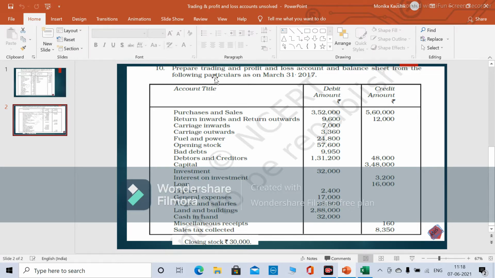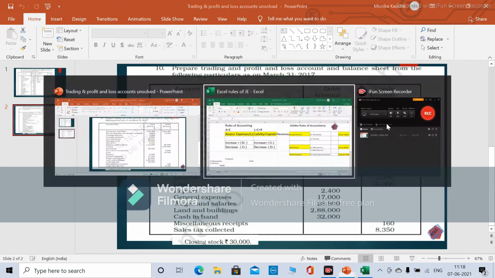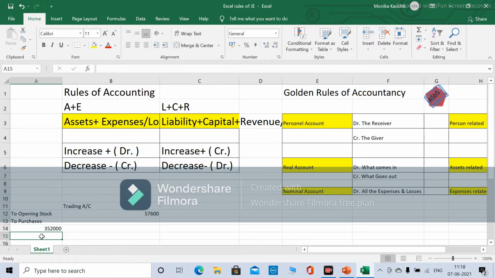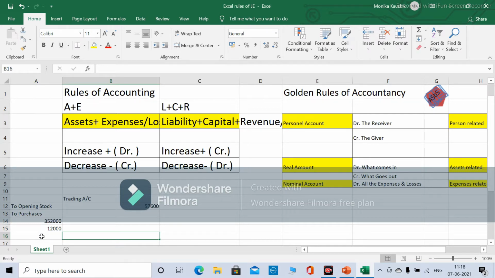If purchases are debit, then you can easily identify: if the debit side is purchase, then purchase return will be credit side. So here it is clear that purchase return is 12,000 rupees. So the net purchase will be 3,40,000.